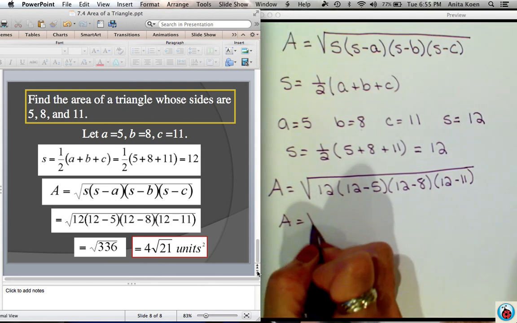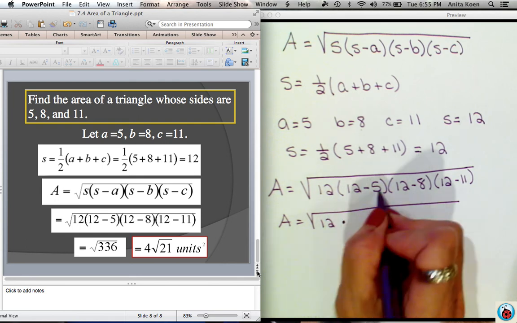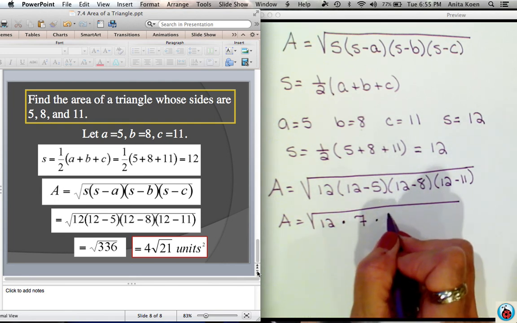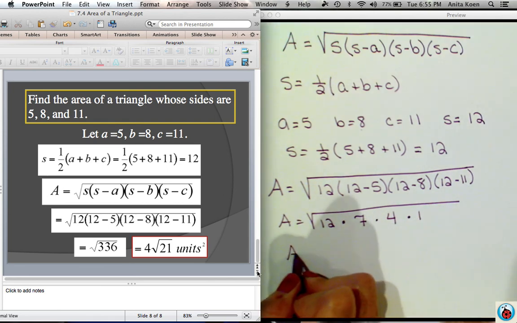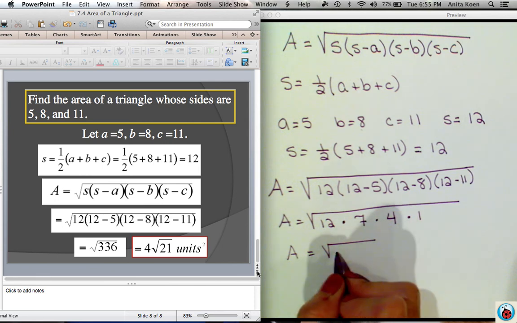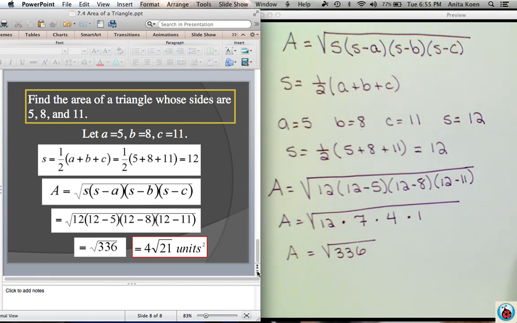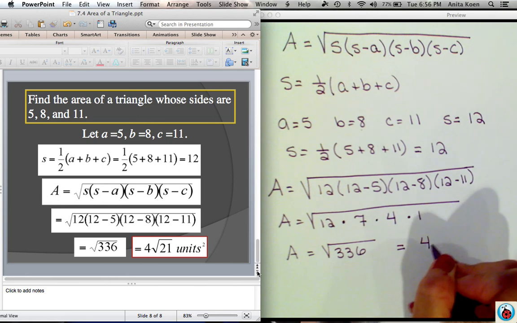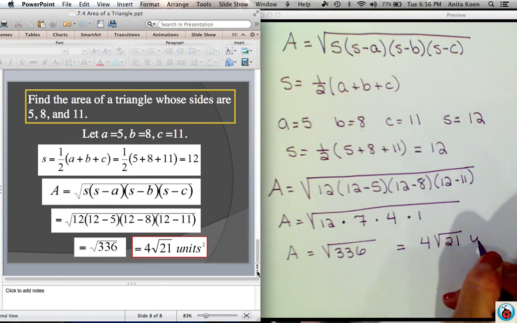So A is equal to the square root of 12 times 12 minus 5 is 7, times 12 minus 8 is 4, times 12 minus 11, which is 1. So that gives me the area is the square root of 336, which we can simplify to 4 times the square root of 21 units squared.